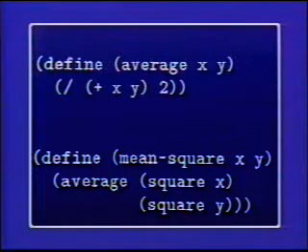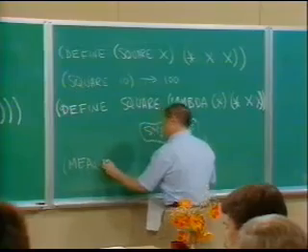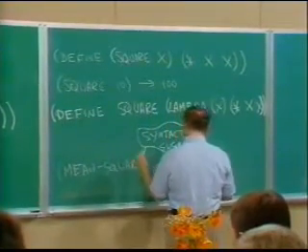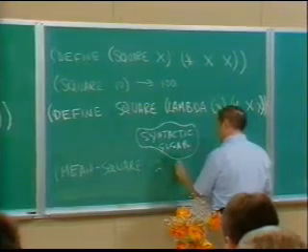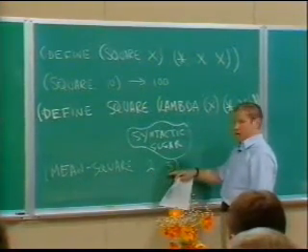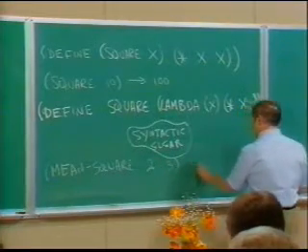So for example, having done that, I could say, what's the mean square of 2 and 3, and I should get the average of 4 and 9, which is 6.5.